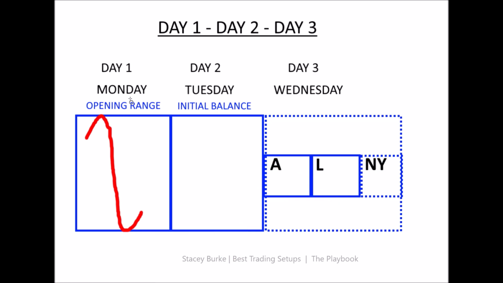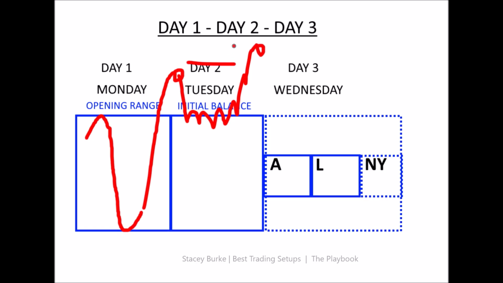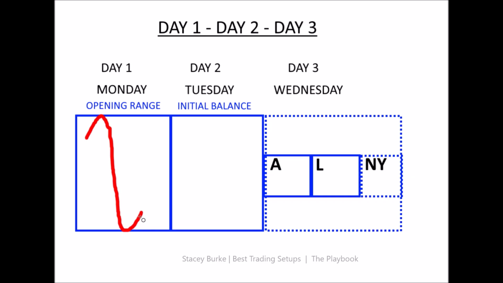The importance of understanding Monday's opening range. Now, if we had a market that was in breakout on day 1, closes out of balance, and continues to trade in breakout, that's a different setup that we cover in the playbook. The day 3 parabolic for the day 0 setup comes when we have an opening range and initial balance that forms a box.